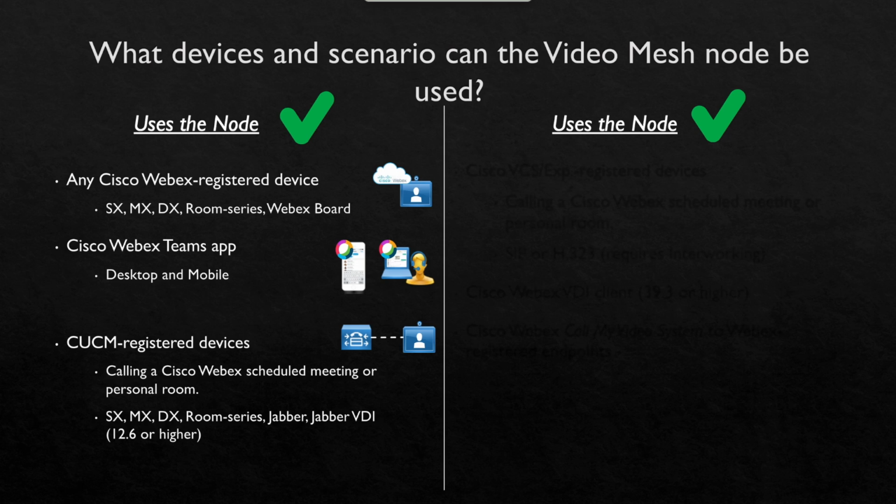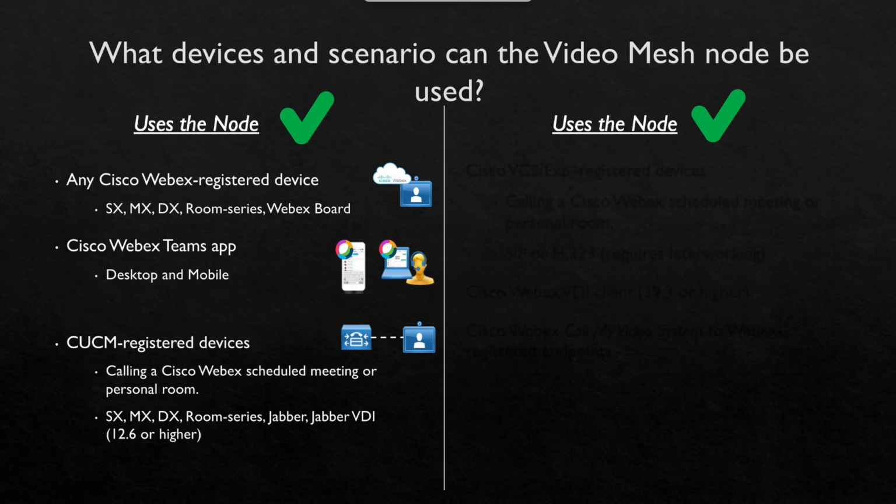Now, when we're talking about Jabber, or not Jabber, but UC phones specifically, I like to specify any UC phone running enterprise software, because the software running on the phone determines where that phone is allowed to register to. If the phone is running enterprise software, then it's registered to the CUCM. Therefore, it's allowed to use the video mesh node.